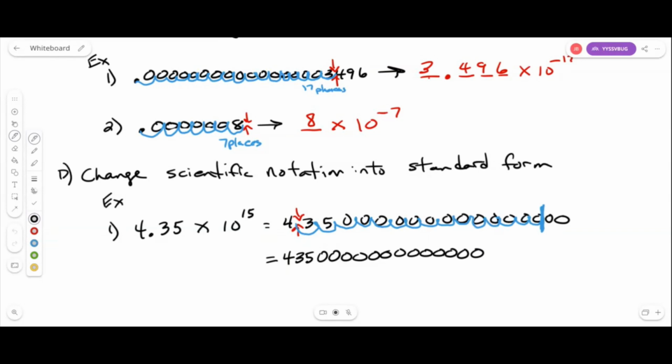And then we know that every 3 digits, we need to put a comma so that we know the place values. So this number in standard form is this number: hundreds, thousands, millions, billions, trillions, quadrillions.